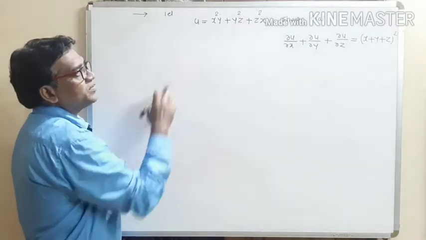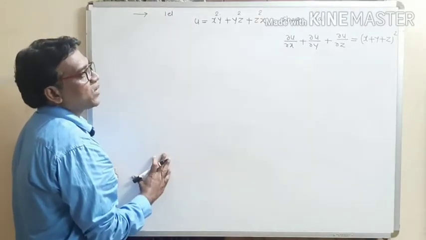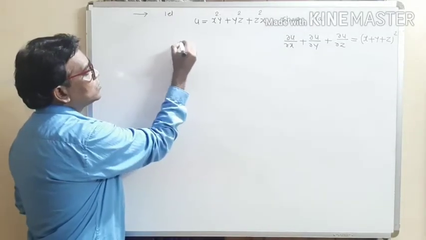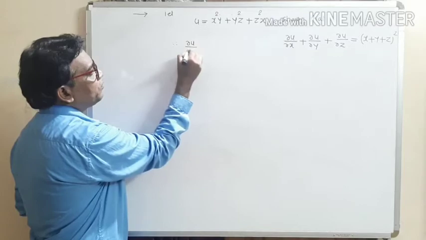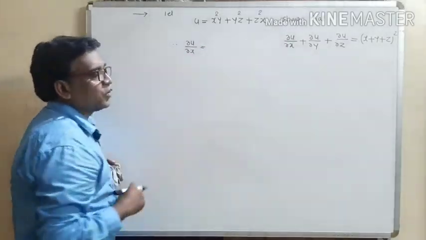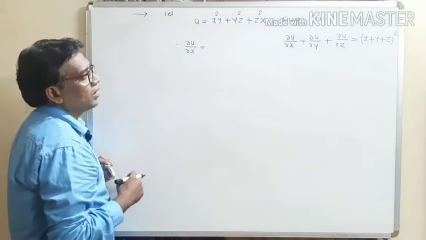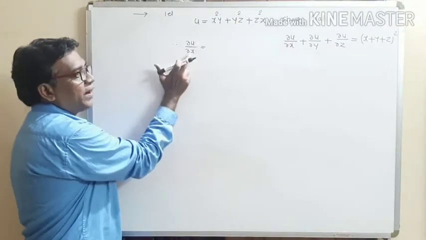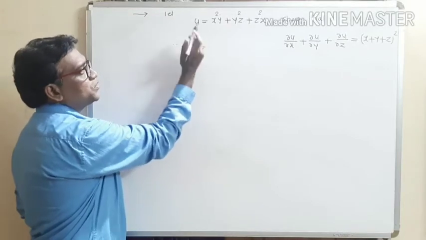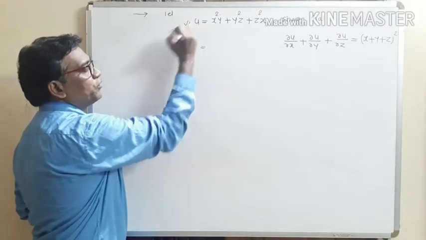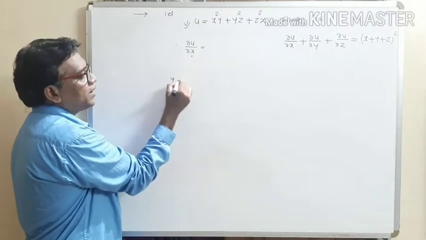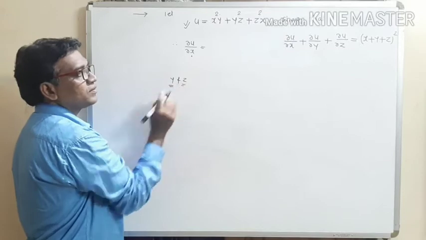So this is given, u is equal to x square y plus y square z plus z square x. So find the partial derivative with respect to x. Find this partial derivative ∂u/∂x. Now ∂u/∂x means that differentiating this u, we have to find the derivative of u partially with respect to x by treating y and z constant.